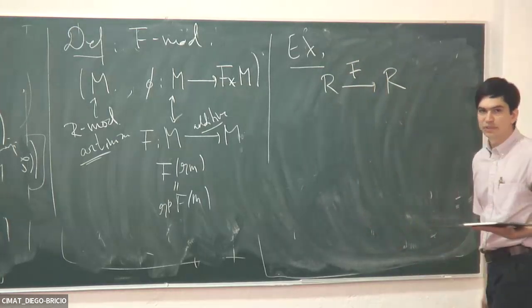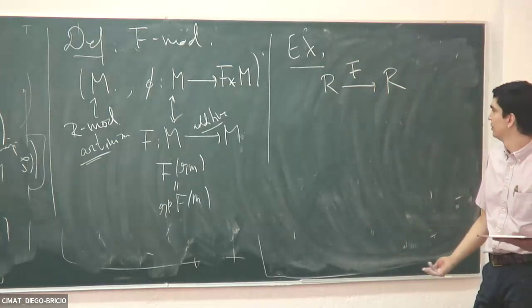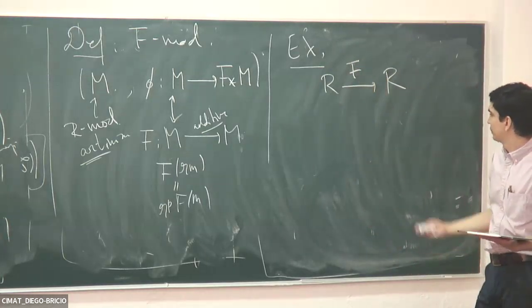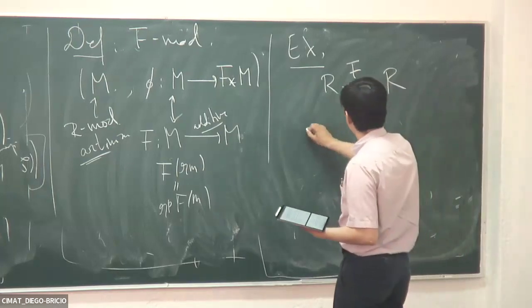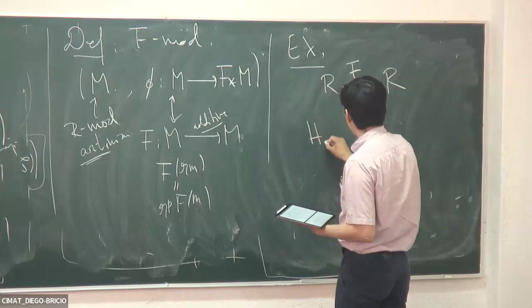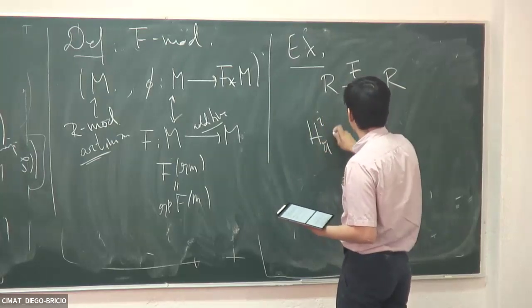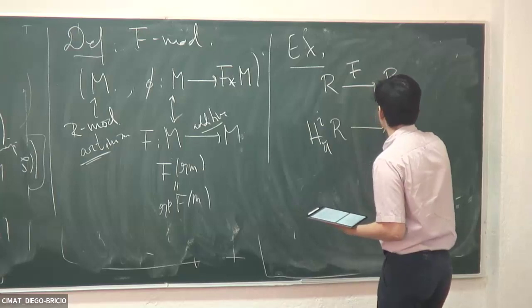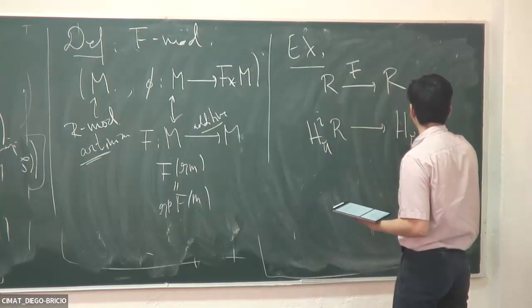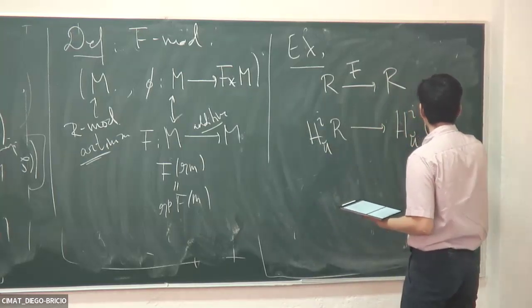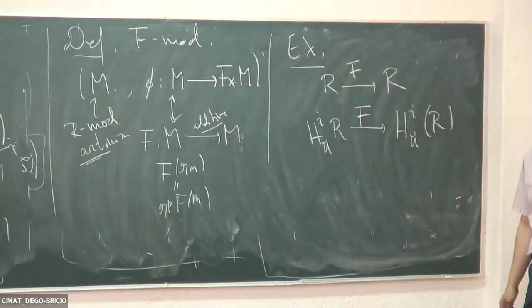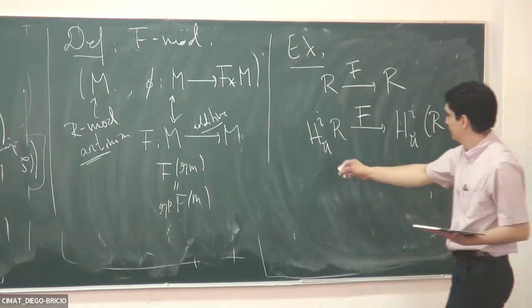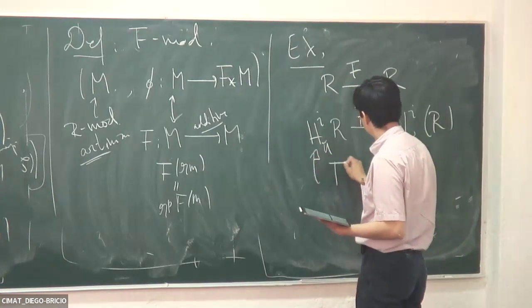In particular, any functor you apply to it is going to have that structure. So when you apply any local cohomology module to R, it's going to become Artinian, and you get it for the Frobenius action too. Okay, this is an F-module.